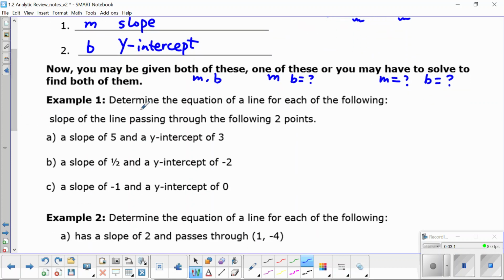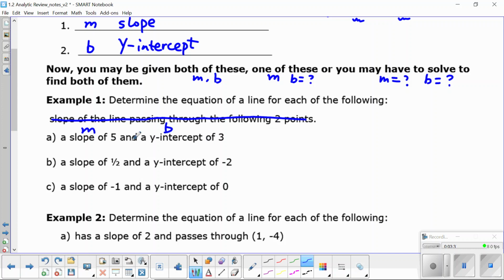Example 1: determine the equation of a line for each of the following. This is the slope, and this is the y-intercept.